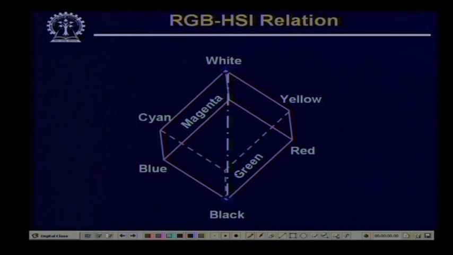Once we reorient the RGB cube like this, suppose we have a color point specified within this RGB cube. Our aim is to convert this RGB specification into an HSI specification.